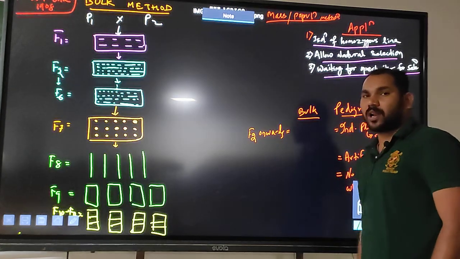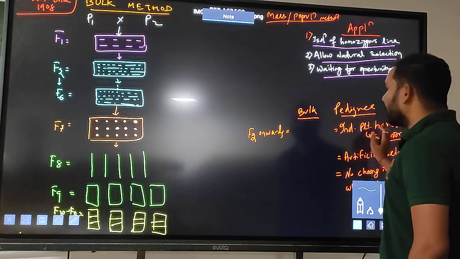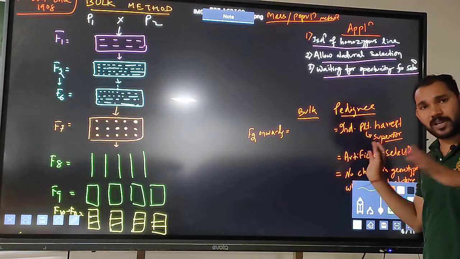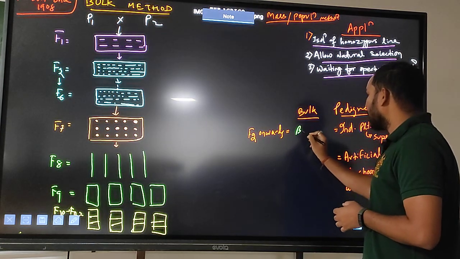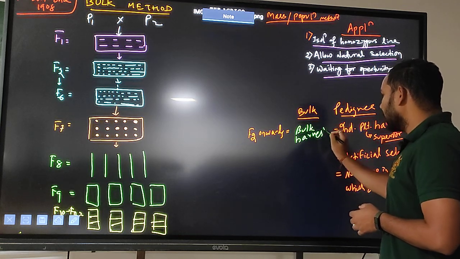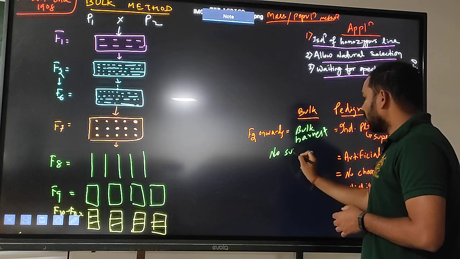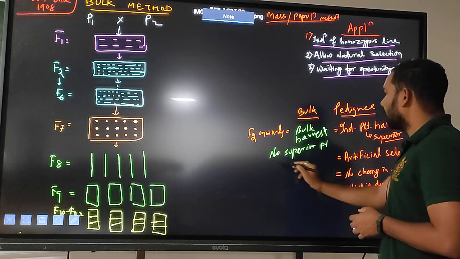But now in case of bulk harvest, what will happen? From F2 onwards, there will be no individual plant harvest. That means here we do not select the superior plant. You just harvest the plant as a bulk harvest. No superior plant will be identified.